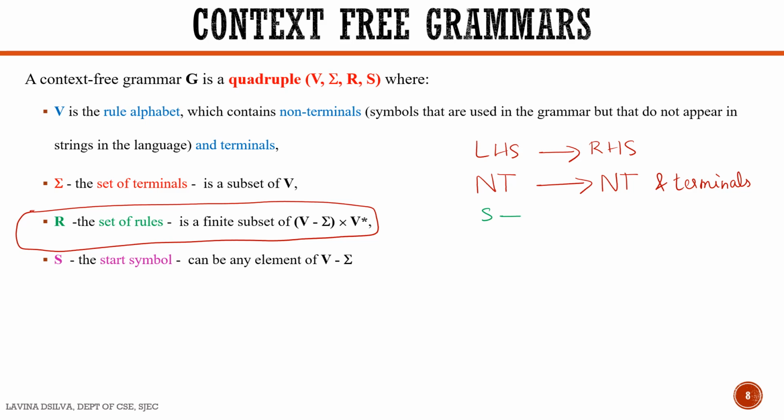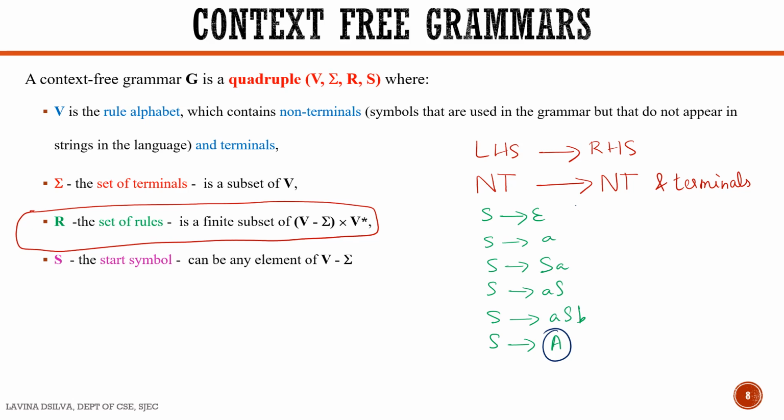So here we can have S tends to epsilon, S tends to A, S tends to SA, or we can also write S tends to AS. We can write S tends to ASB, S tends to A, etc. But one thing to notice: whenever we have a single non-terminal in the right hand side, this non-terminal should have its corresponding production body also specified.